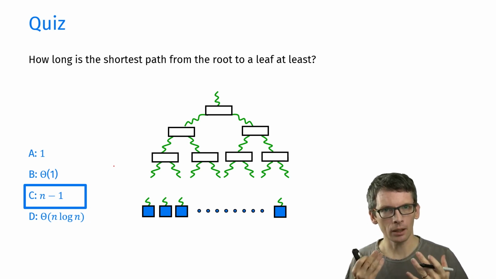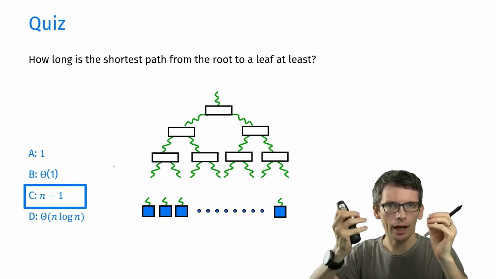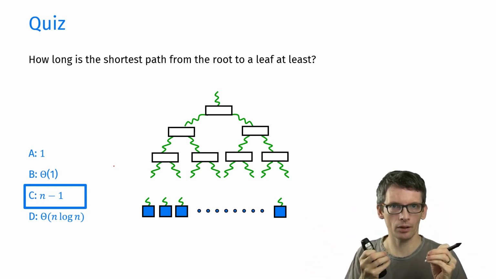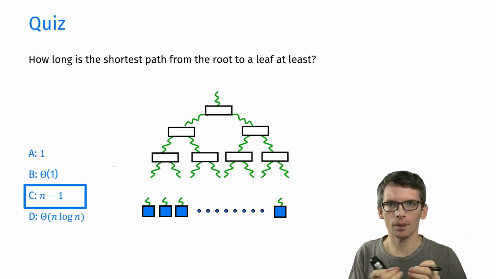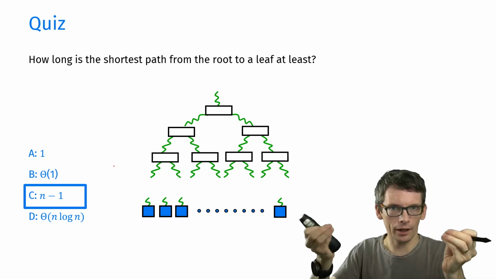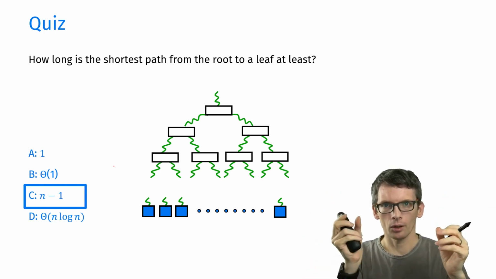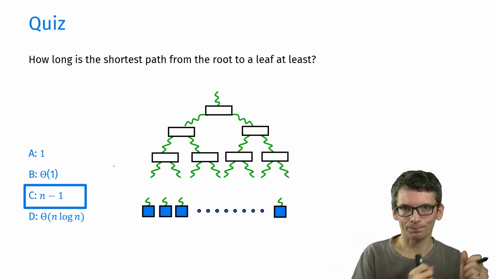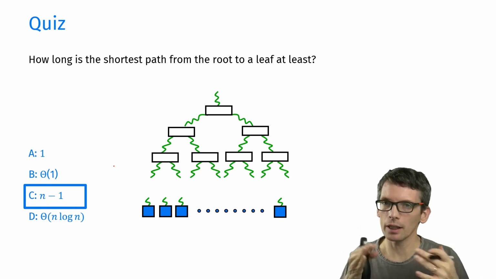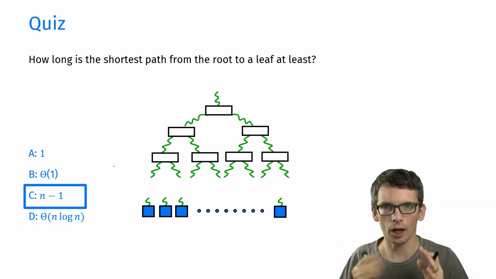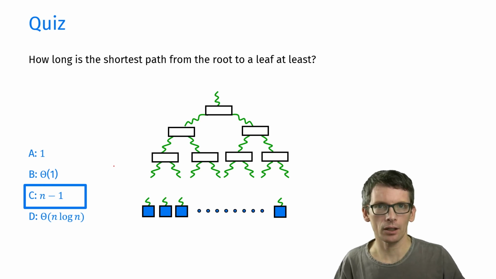What does that mean? It means that no matter what the input is, you at least need to do n minus 1 comparisons to check that input. So you can imagine, to verify that a sequence of numbers comes in sorted order, you'll need n minus 1 comparisons. Intuitively, that's clear. It's actually a bit trickier to argue than I just did, but that is the right answer here.